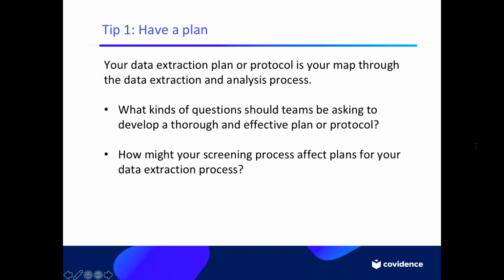So I think how the screening might affect your data extraction process would be making sure that you are really screening your studies fully. It can be quite easy sometimes to get very focused on the participants and the intervention when you're doing your full text screening.